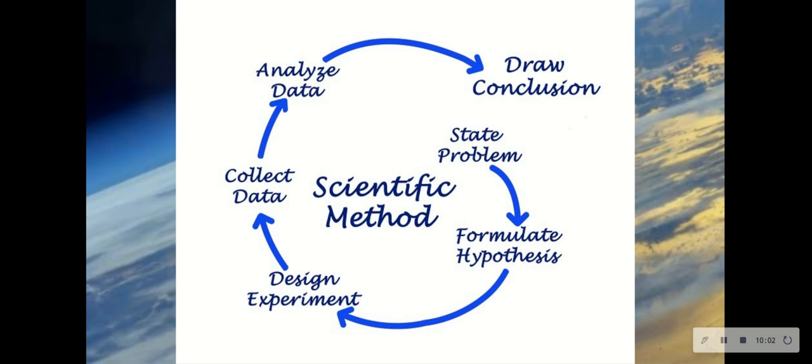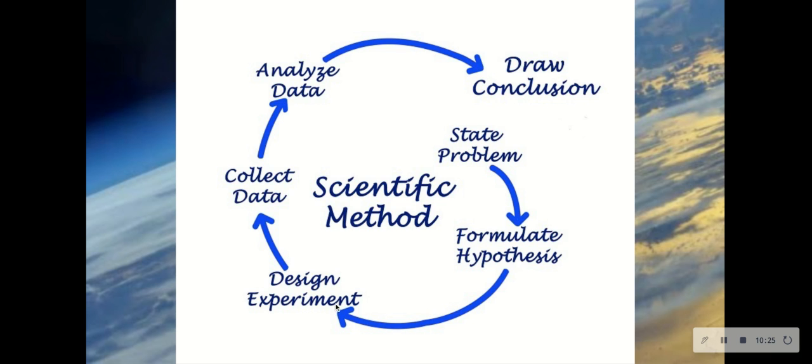Now we're going to talk about the scientific method, which is very important in order to solve questions. So the scientific method, the first thing is to state a problem or a question. And then you have to formulate a hypothesis: what you think, based on your scientific data, is correct.